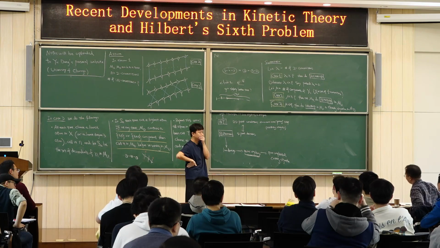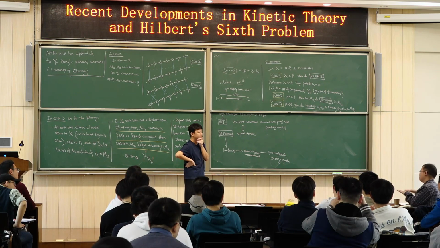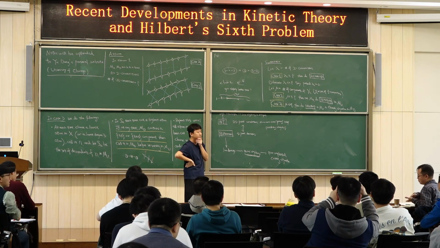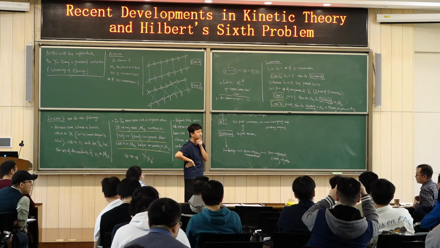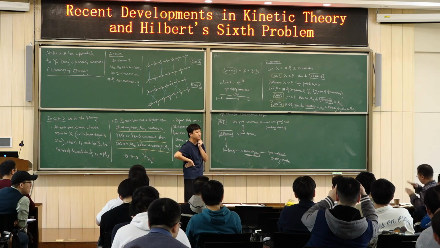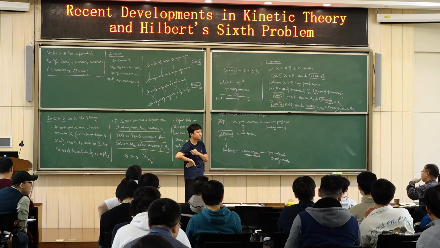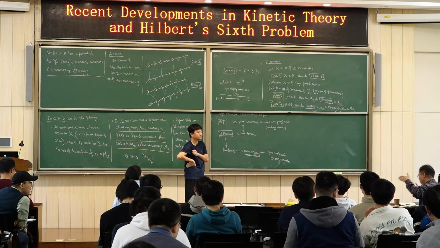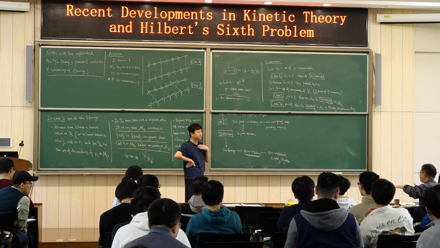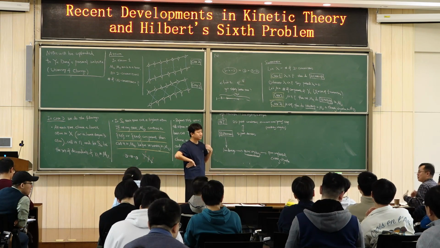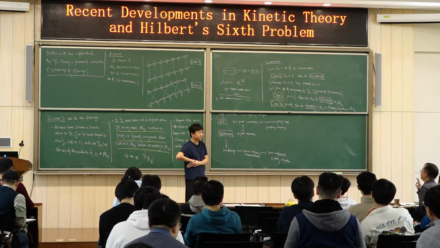For example, we know for the Boltzmann equation, no matter what the initial data is, away from Maxwellian, however, at a longer time, as time goes to infinity, it will approach the equilibrium, no matter what kind of rate, exponential or polynomial.